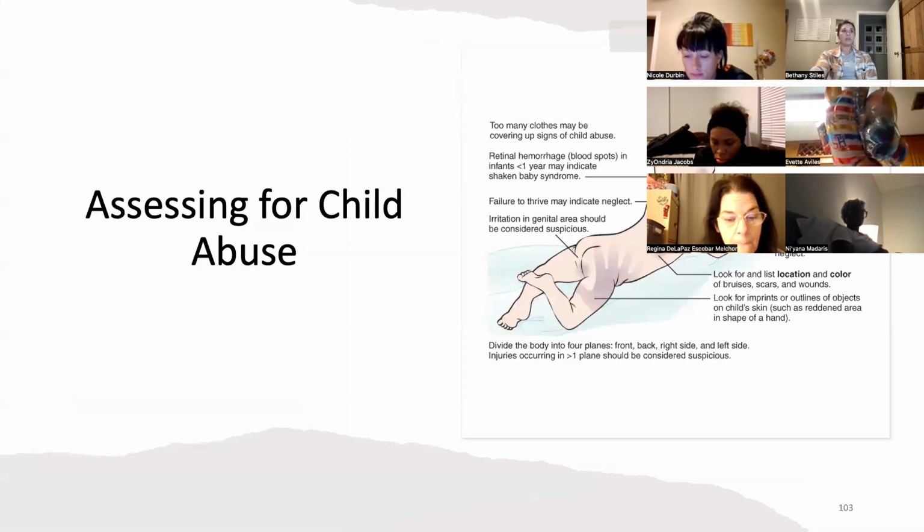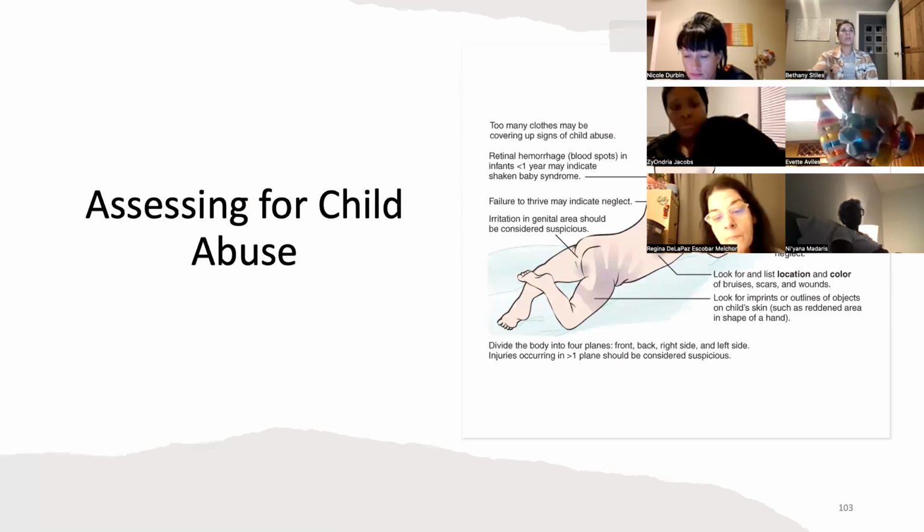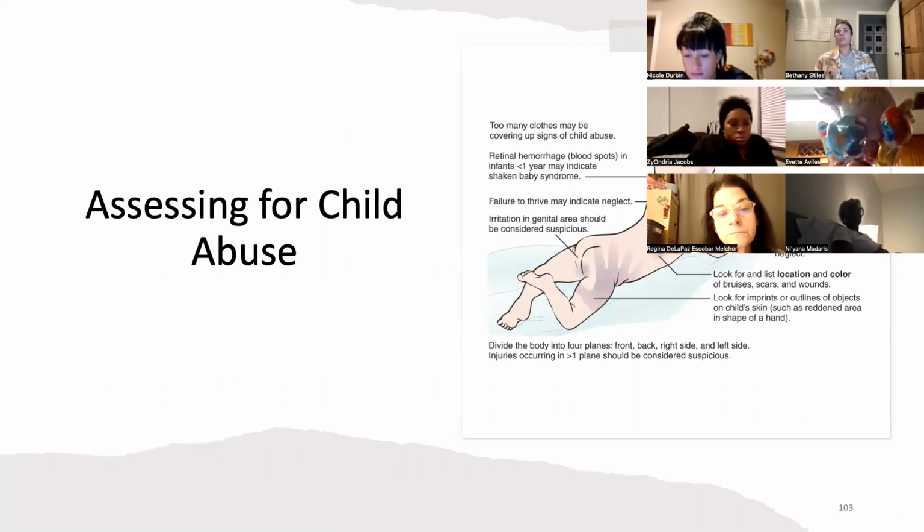When we're looking for child abuse signs and symptoms, we can see retinal hemorrhages like we saw in shaken baby syndrome. You might see a child that's dressed inappropriately for the weather.